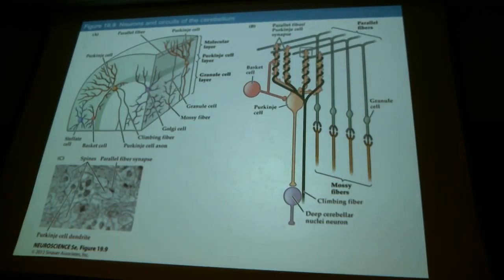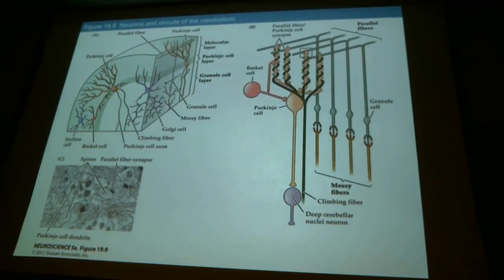This is what we would think of as an association cortex. Each of these neurons is receiving lots of input and integrating over a large number of inputs. And each of these fibers is probably contacting a large number of neurons relatively sparsely.